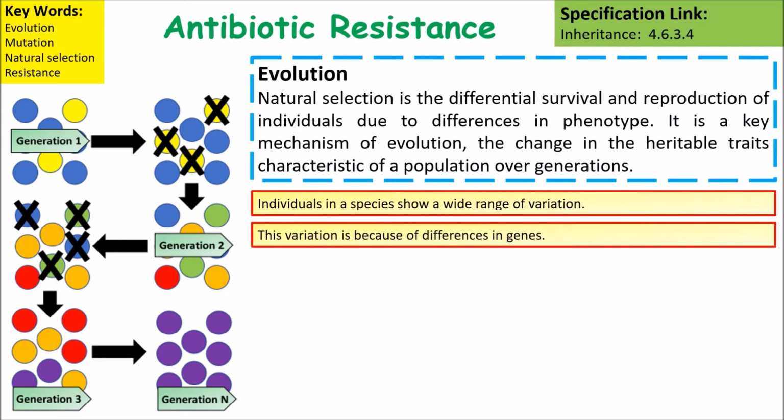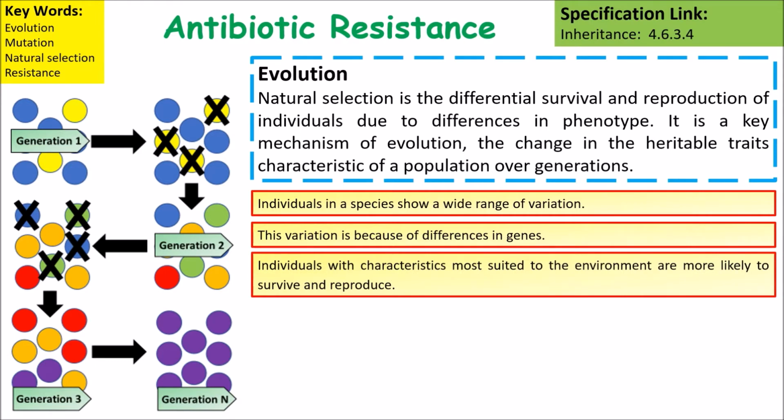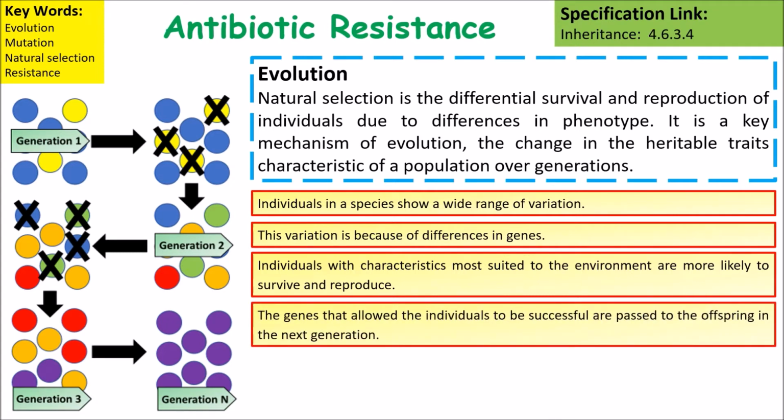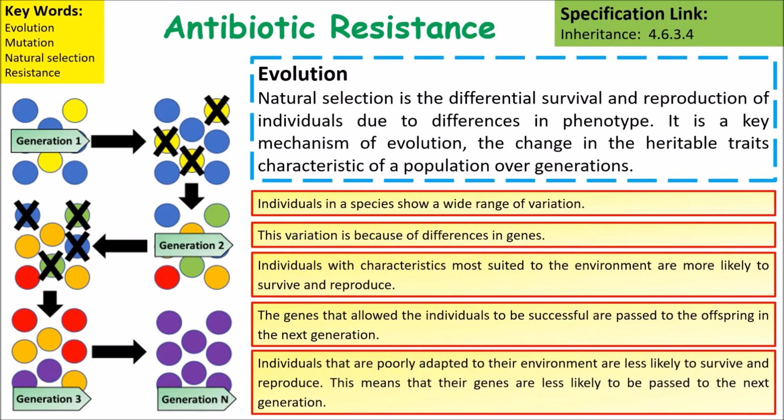This variation is because of slight changes in genes. Individuals with characteristics most suited to the environment are more likely to survive and reproduce. So the genes that allow individuals to be successful are passed on to their offspring. Individuals that are poorly adapted will die off, which means that their genes will not be passed on.